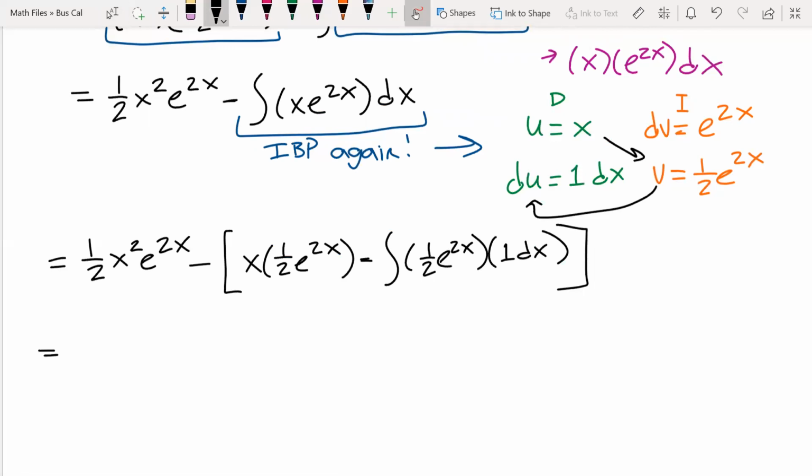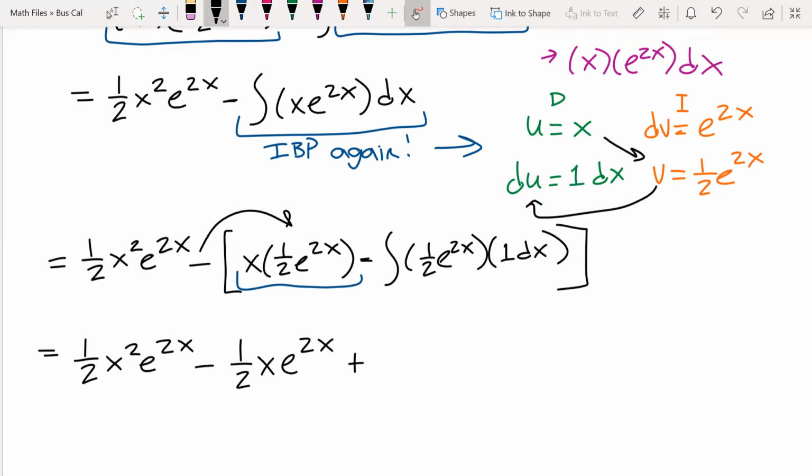Clean up, clean up, clean up. I get 1/2 x squared e to the 2x minus, and then on this term, I'm just going to pull that 1/2 to the front, and you'll get 1/2 x e to the 2x plus, so remember this negative is going to both terms, plus, and then this becomes 1/2 e to the 2x times 1, which is just 1/2 e to the 2x.